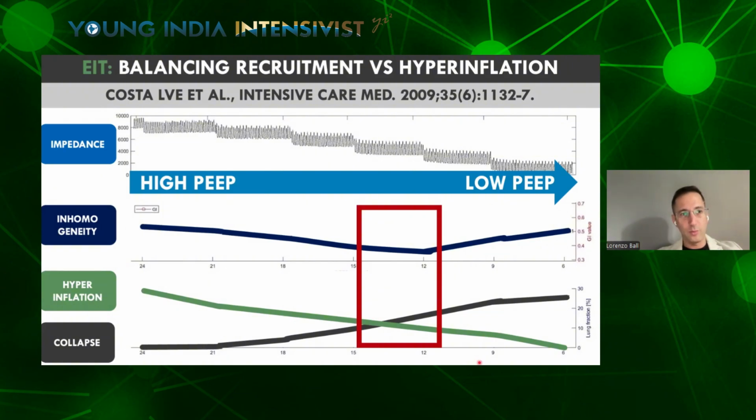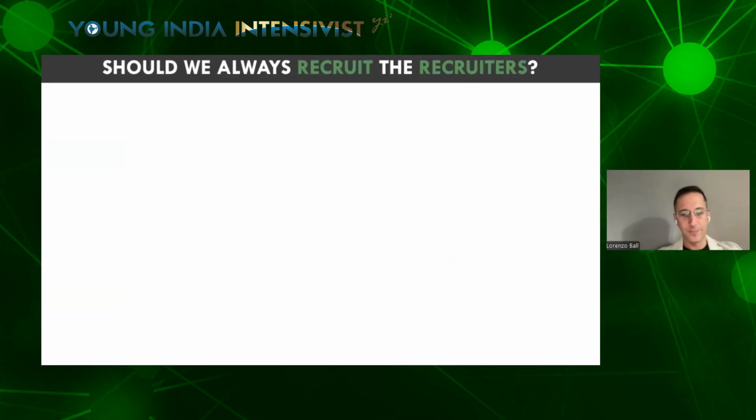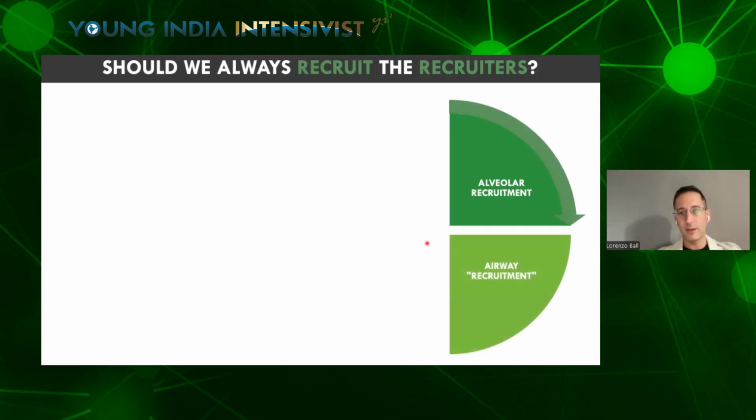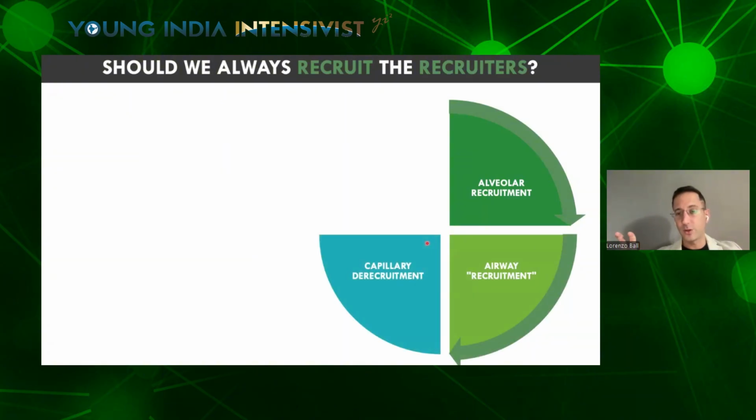I just want to give one conclusive word concerning the concepts related to lung recruitment. When we apply PEEP levels, when we do recruitment maneuvers, we want from one side alveolar recruitment, but we sometimes have unwanted effects, such as a sort of virtual airway recruitment, so air that increases but in the airways and not in the alveoli, so an increase of dead space.